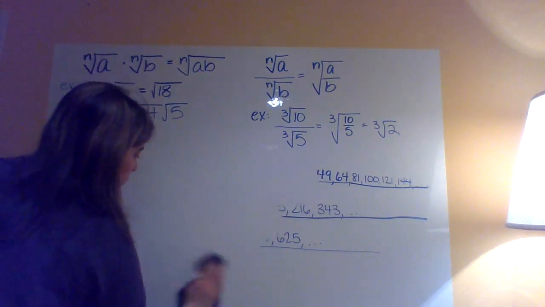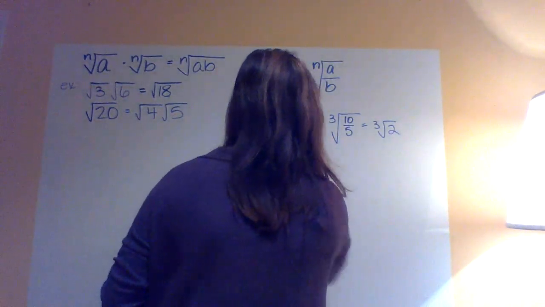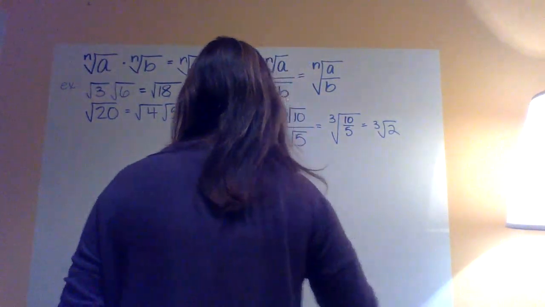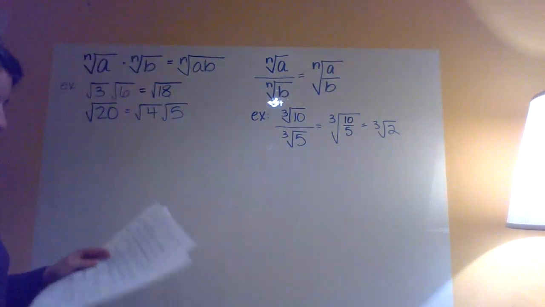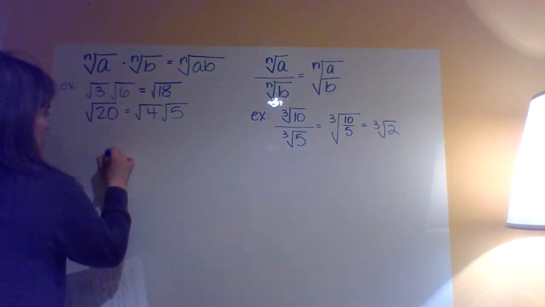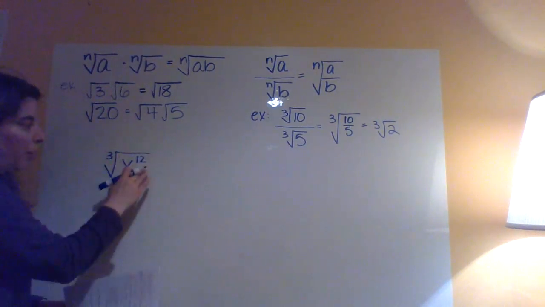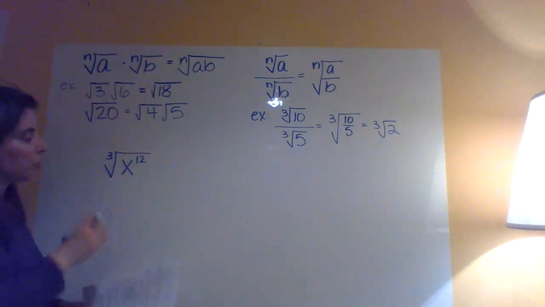Okay, so the last thing on that first page that we need to know: we've talked about perfect squares and perfect cubes with numbers. We need to talk about them with variables. So a variable with an exponent, let's say x to the 12th. I'm taking the cube root of x to the 12th.